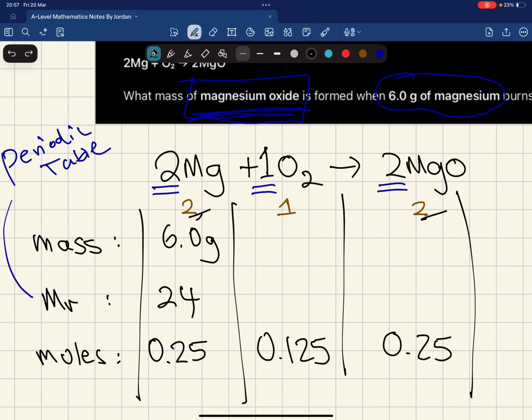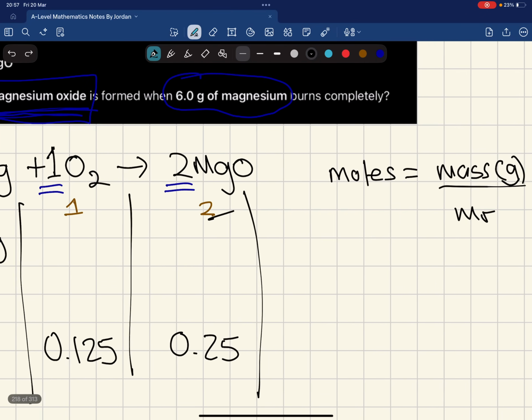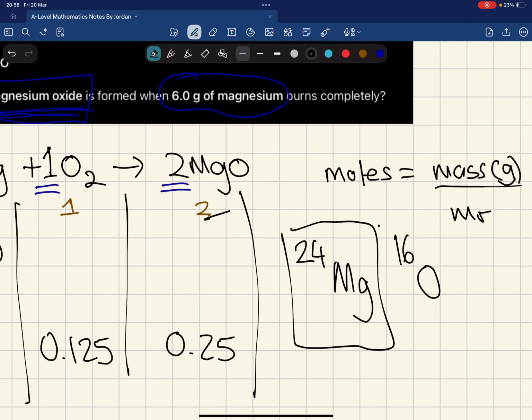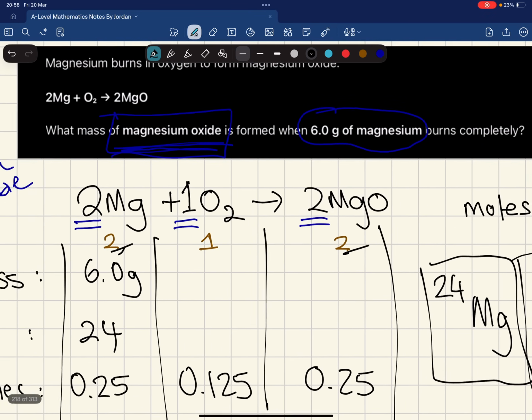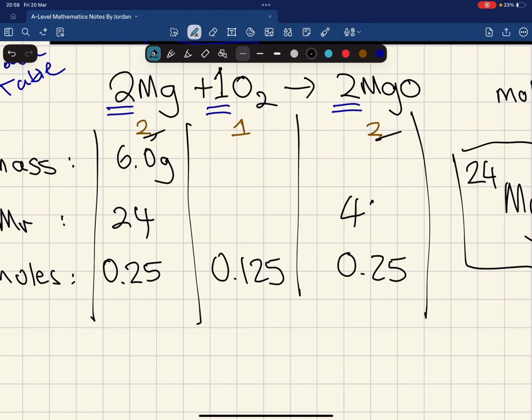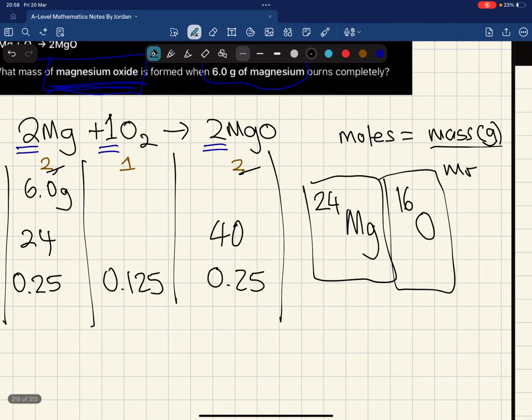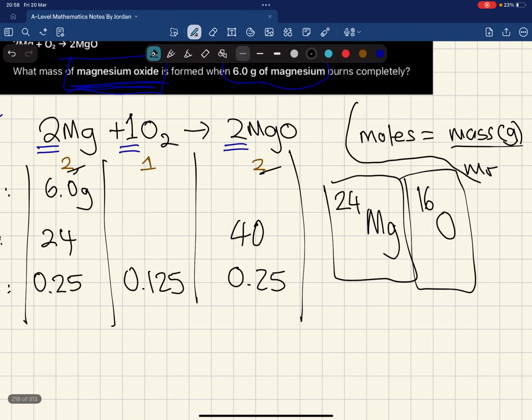So to get the MR of magnesium oxide, I would need both magnesium and oxygen, so they're the entries from the periodic table. Add in the 24 and the 16, since we have both in here, gives us 40, which I'll put in the MR column. And the last thing to do is to calculate the mass, which it asks for. If you go back to your equation up here, you see that mass is at the top of the equation.